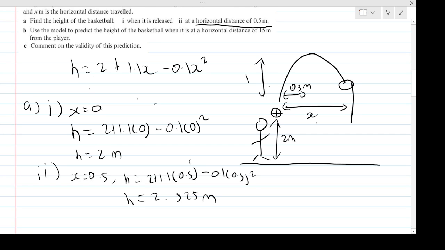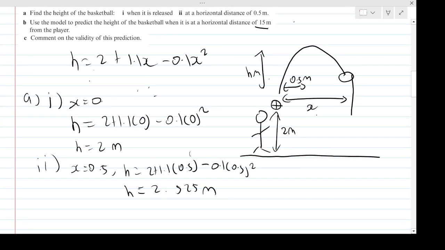Now for part B, it says use the model. In other words, use the equation, right? Use this equation to predict the height of the basketball when it's at a horizontal distance of 15 meters from the player. Okay, so now we just set x to 15.